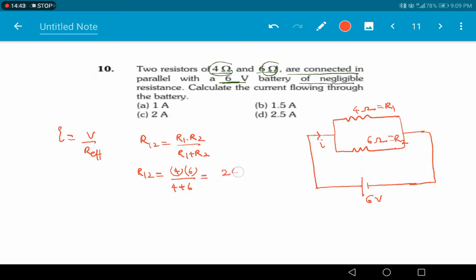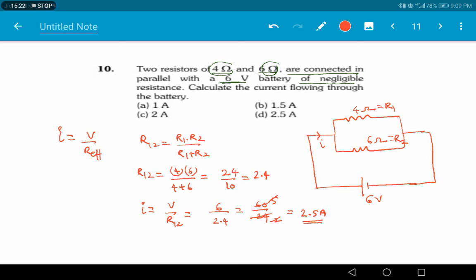So we are going to get 24 by 10, so 2.4. Right. Let us substitute this. So current I is equal to V by R12. So V value 6 by 2.4. So what can we get? 60 by 24, we can write 12 5s are 60, 12 2s are 24. So we are going to get 2.5 ampere as the current.